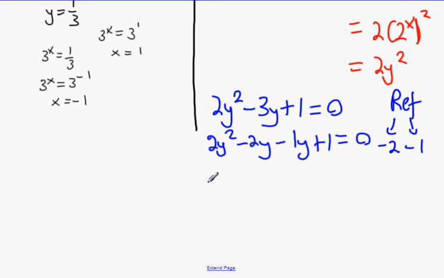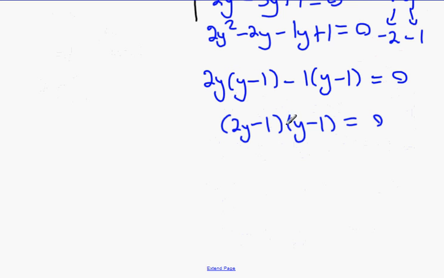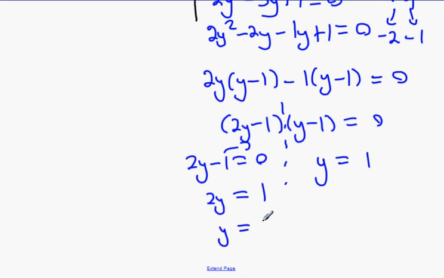What we're going to get here is 2y bracket y minus 1 minus 1 bracket y minus 1 equals 0. 2y minus 1, y minus 1 equals 0. Split in half. So we're either going to get y equals 1 or 2y minus 1 equals 0. Bring over the 1. 2y equals plus 1, y equals a half.